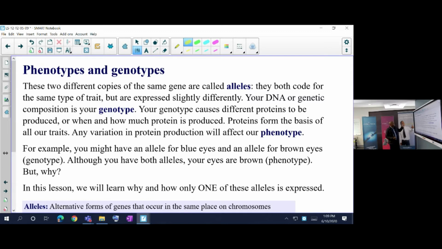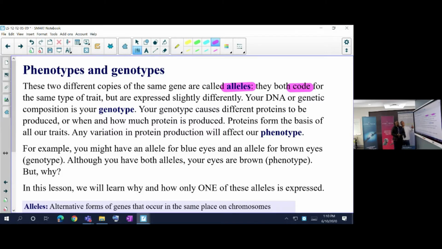And the 2 copies of the same gene are what we refer to as alleles. Don't worry, it will get clearer as we cover the topic. But 2 copies of the same gene, we refer to them as alleles. And they both code. Remember, code. I said, remember your protein synthesis? They code for the same type of trait. However, it might be expressed differently.